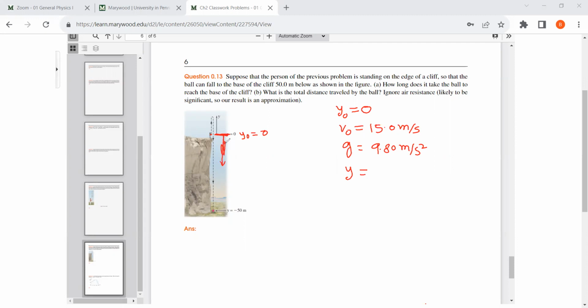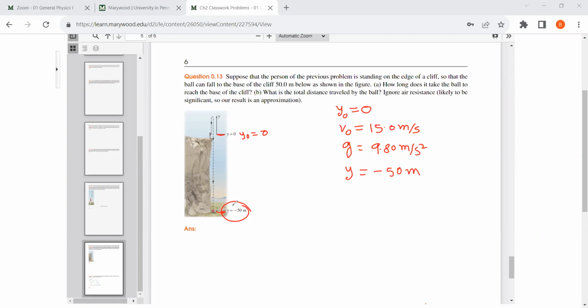The height of the cliff is 50 meter, so from here to here is 50 meter, but because it is below the y equal to 0 line, our y here is negative 50 meter.